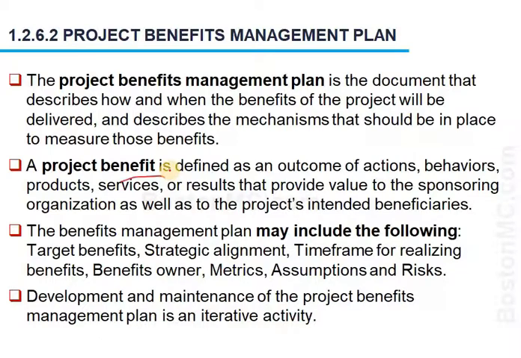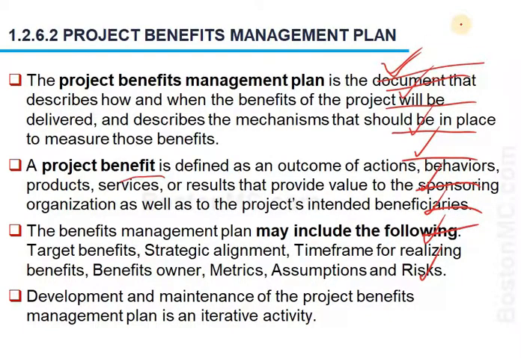So typically a project manager would list out different milestones, and these milestones of the project represent key deliverables for that project, and they are considered benefits. As we complete every milestone, a certain benefit is realized. Again, it does not have to be a financial benefit. It could be a technical benefit.